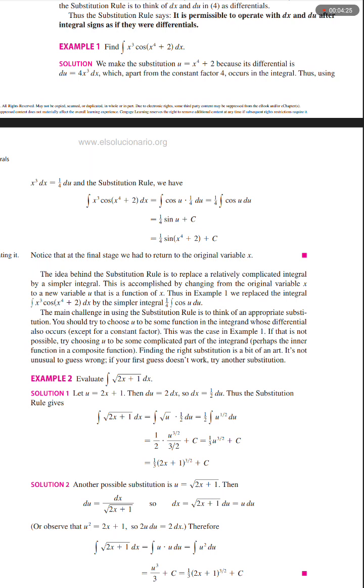If that is not possible, try choosing u to be some complicated part of the integrand, perhaps the inner function in a composite function. Finding the right substitution is a bit of an art. It's not unusual to guess wrong. If your first guess doesn't work, try another substitution.